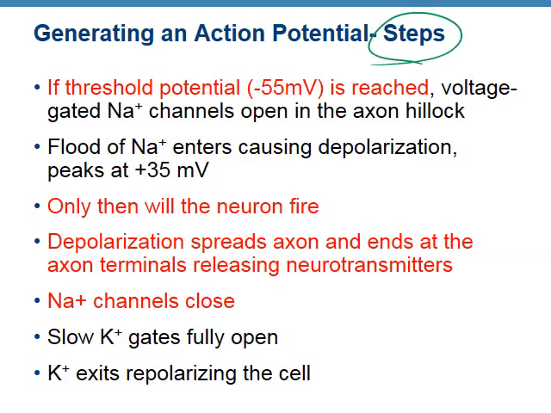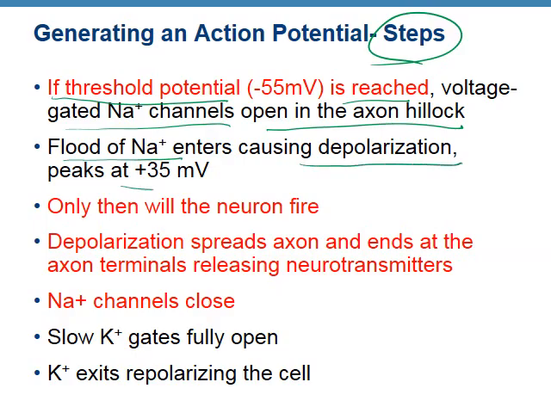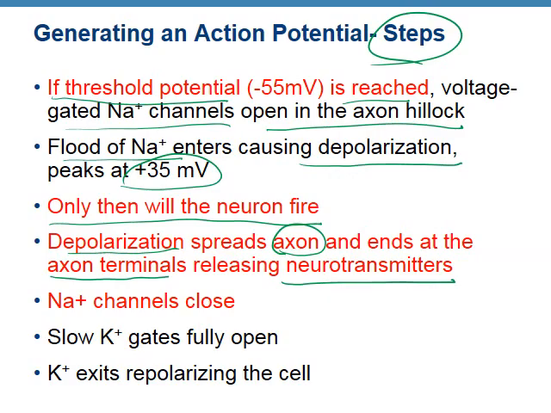Here are the second set of steps for action potential. If the threshold potential is reached, voltage-gated sodium gates open in the axon hillock. There's a flood of sodium that causes depolarization, and the inside of the neuron reaches positive 35 millivolts. Only then will the neuron fire. The depolarization will spread down the axon and cause the axon terminals to release a neurotransmitter. The sodium channels will close, the potassium channels will open, and that will cause repolarization of the cell.